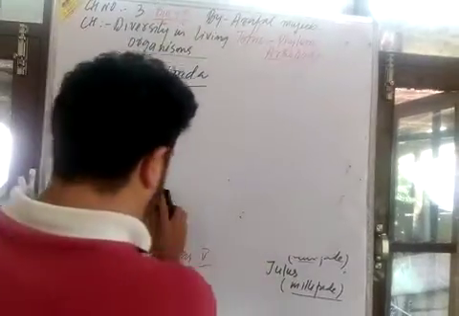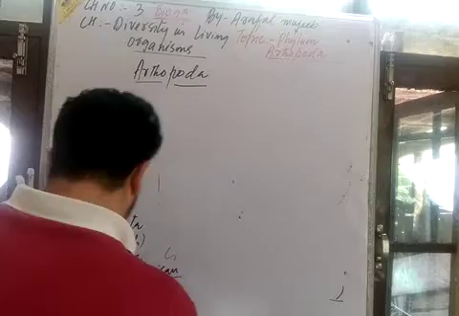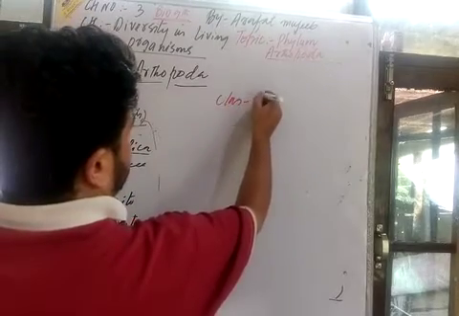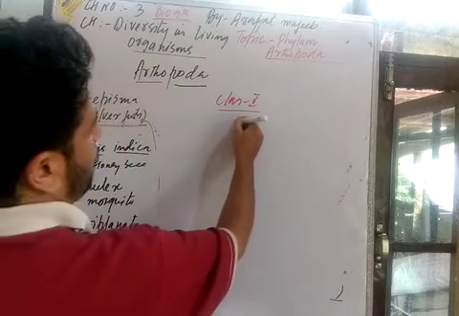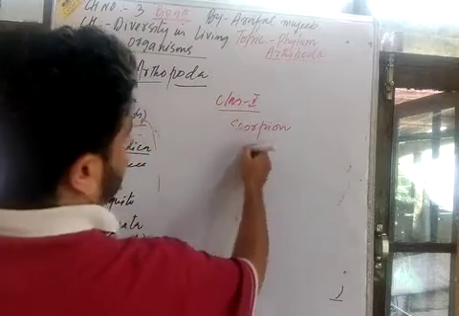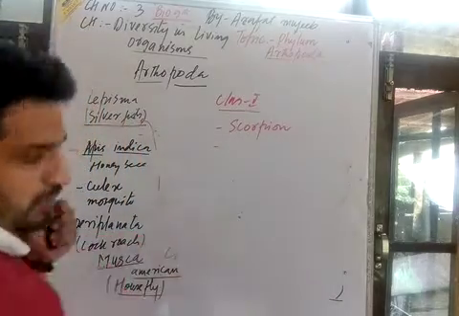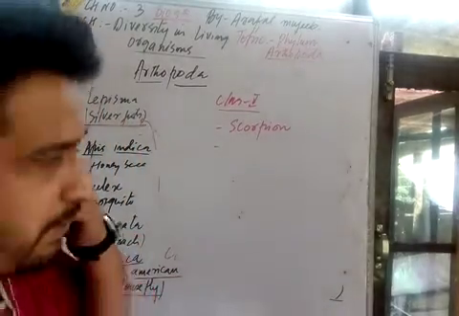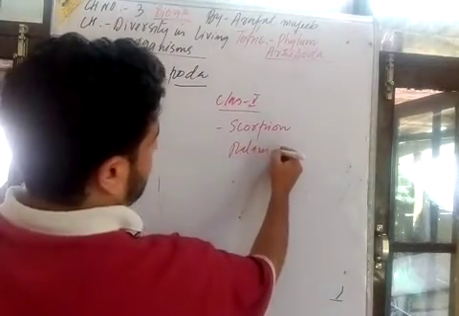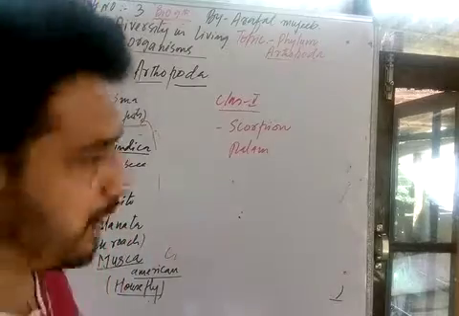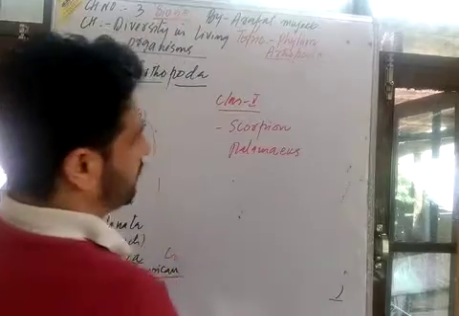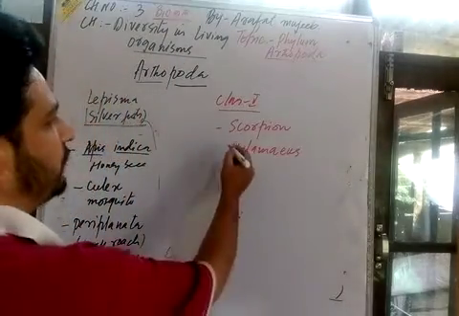Now is the fifth class here. Class fifth, that is, अपने scorpion आता है इसमें, Palamnaeus, scorpion.